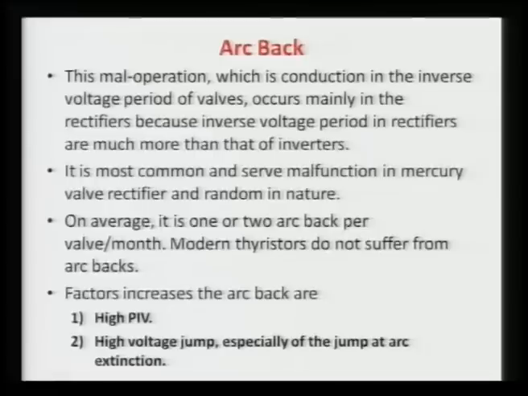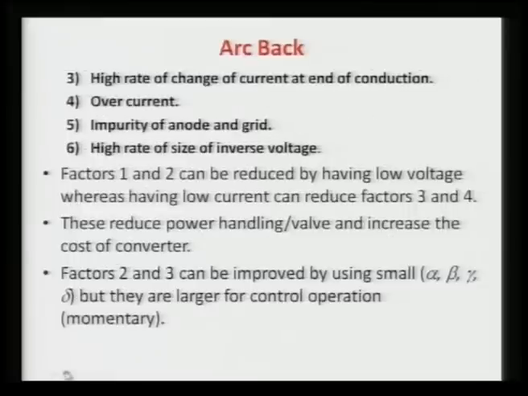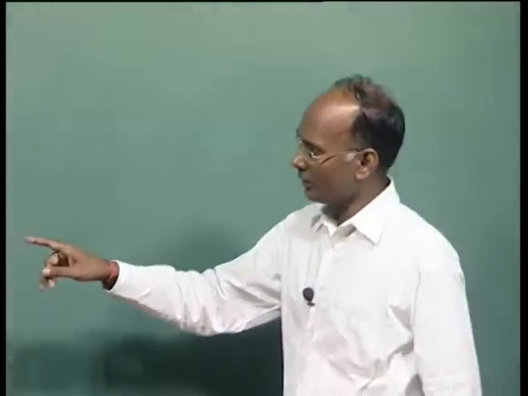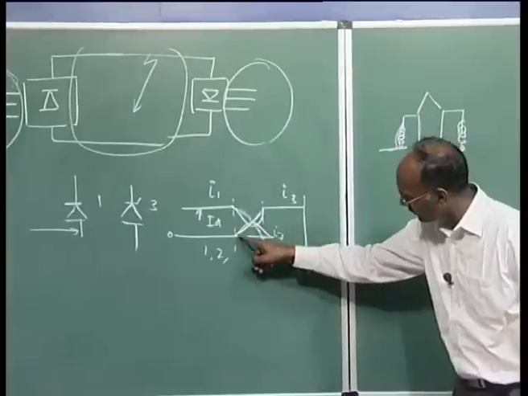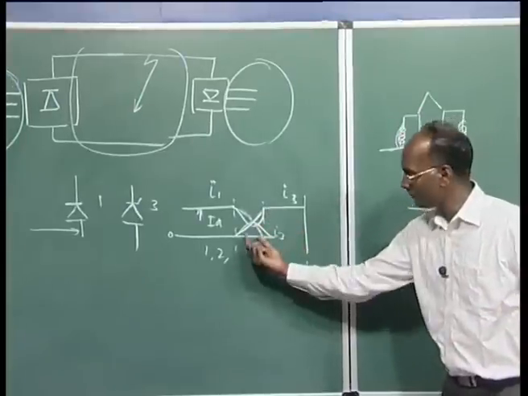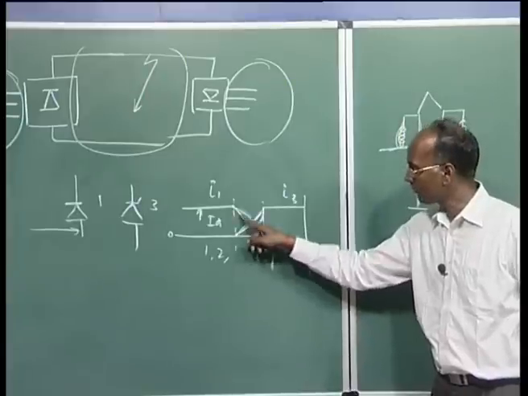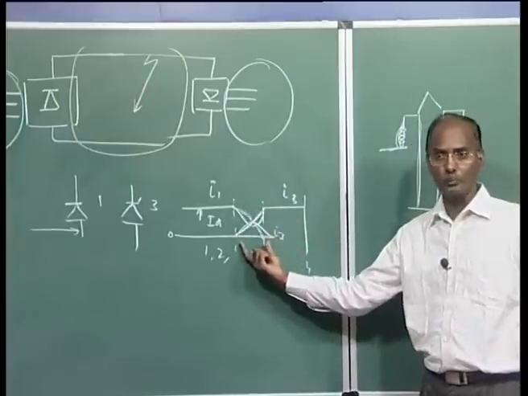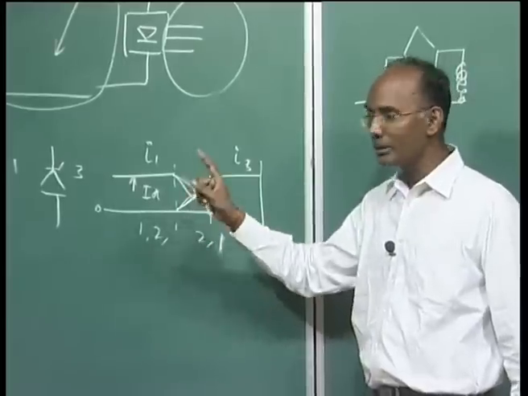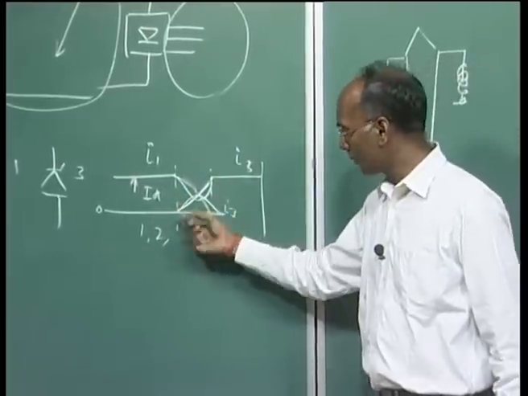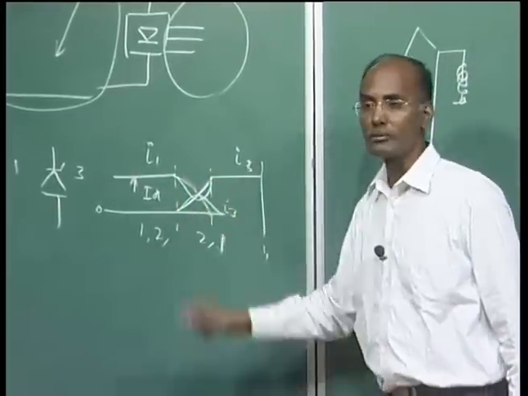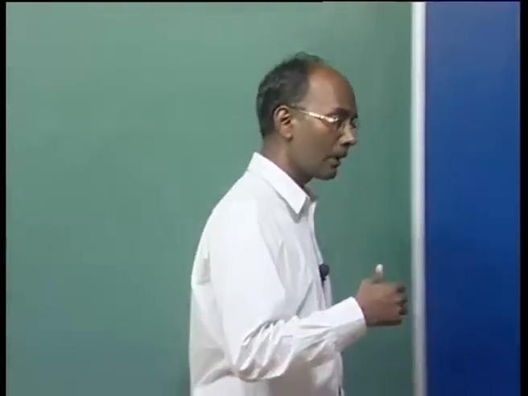Another is the high rate of change of current at the end of the conduction. When the conduction is ending, the current may switch suddenly. This depends on the overlap angle U. If U is larger, the possibility is reduced slightly, but if U is small, this rate of rise is very high, and due to this the arc back may happen.